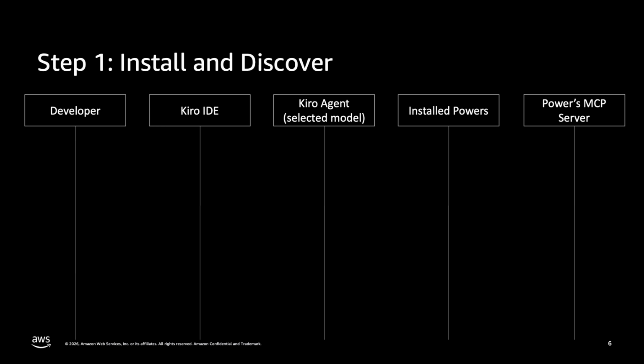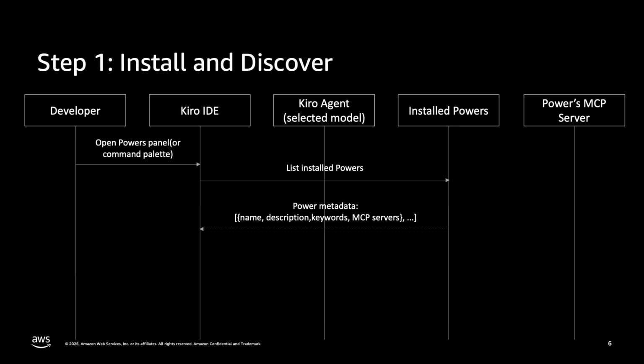So let's walk through how powers actually work behind the scenes, starting with what happens after you install a power. You install powers through the powers panel on the command palette, but once they are installed, Kiro automatically knows what's available. It has the power metadata: the name, description, keywords, and which MCP server each power includes.